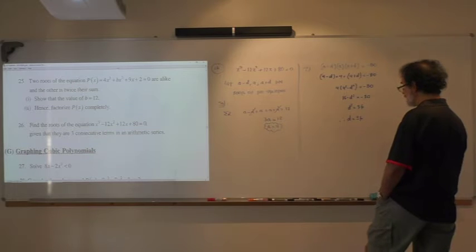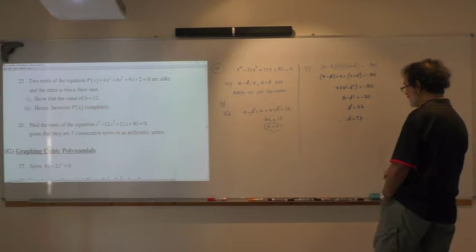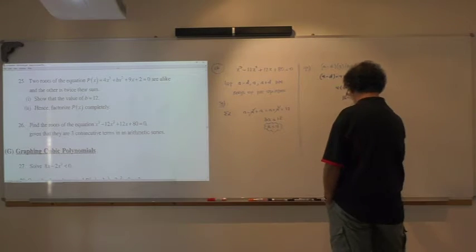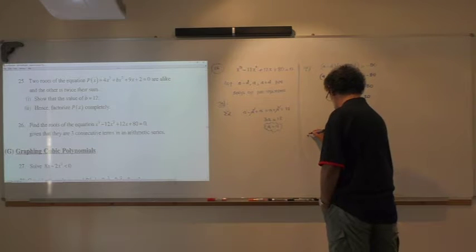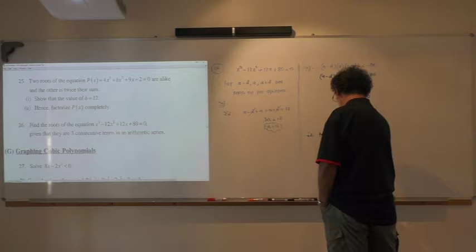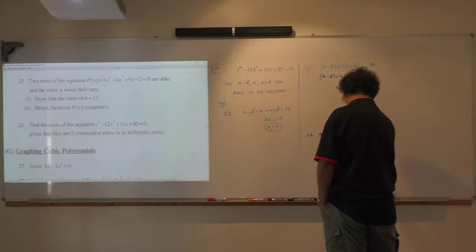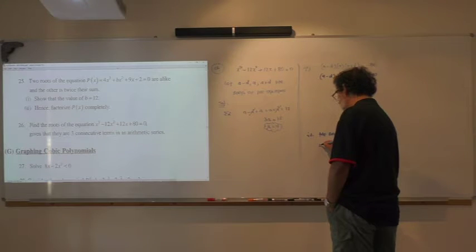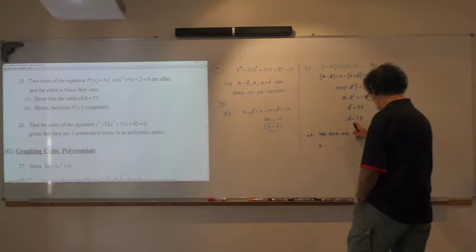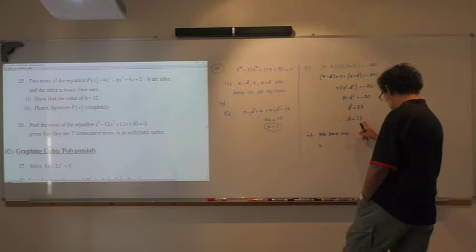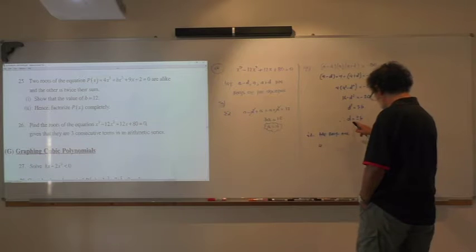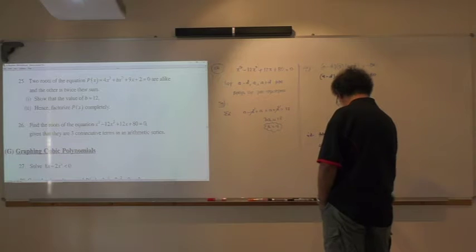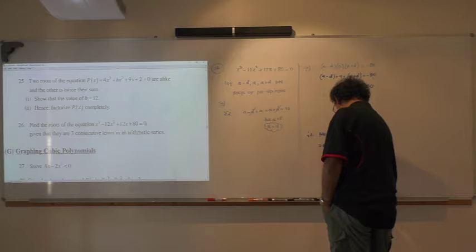All right? And so we have two possible solutions. Okay, so therefore the roots are going to be 4 minus 6, so it's going to be 4 plus or minus 6.